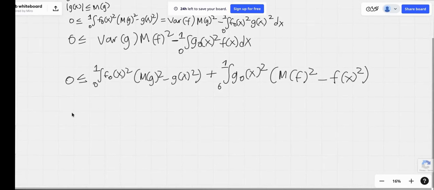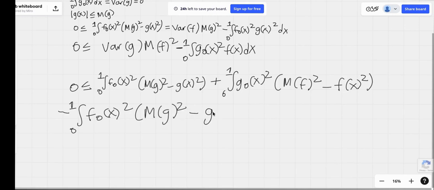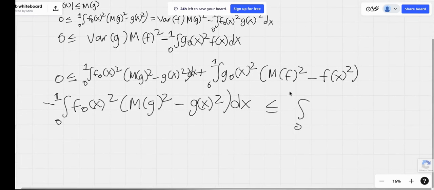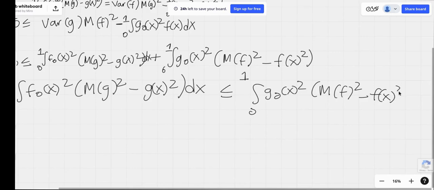So we will get negative the first thing, f naught of x squared times (M of g squared minus g of x squared), dx, I guess there should be a dx here actually, will be less than or equal to the integral from 0 to 1 of g naught of x squared times (big M of f squared minus f of x squared).